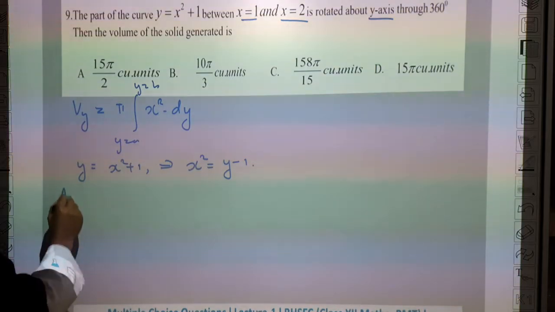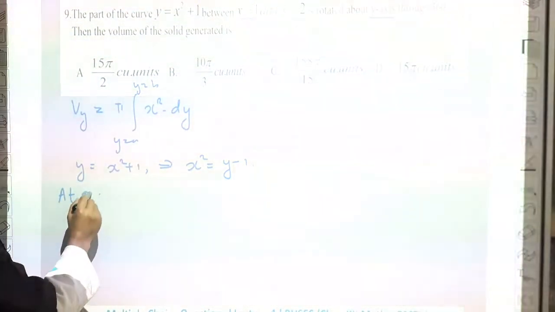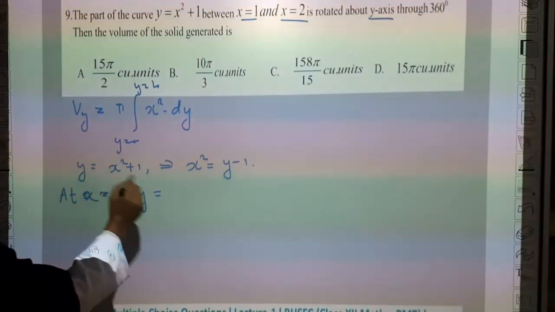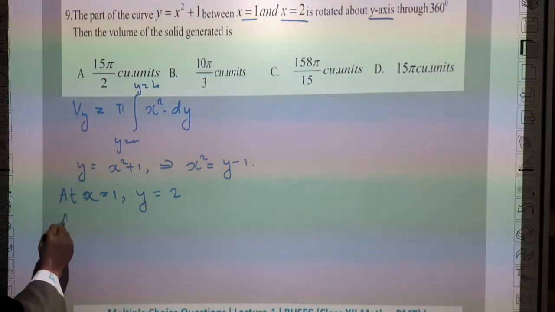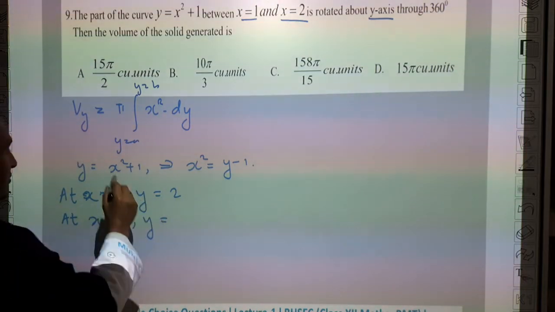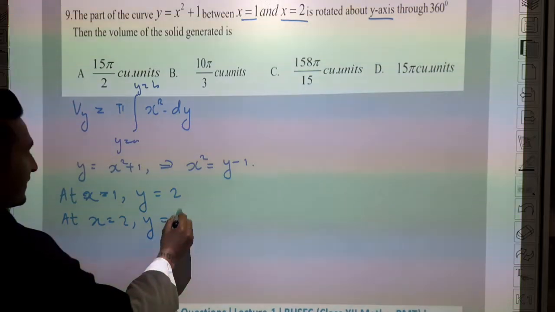At x equal to 1, y will be 2. At x equal to 2, y will be 2 square plus 1, that is 5.